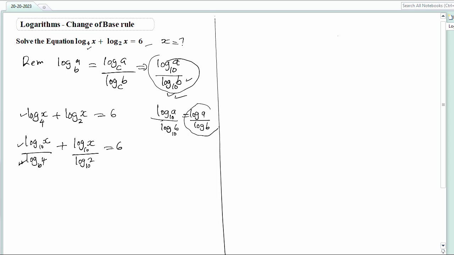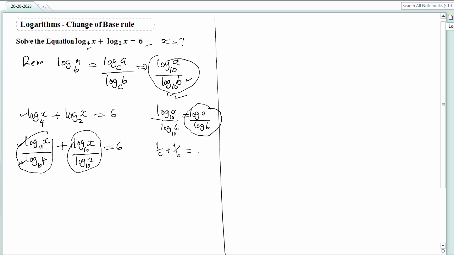Now when you look at these two, log x base 10 over log 4 base 10 plus log x base 10 over log 2 base 10, these are two numbers in the form of a fraction. Like for example, you can have 1 over c plus 1 over b.